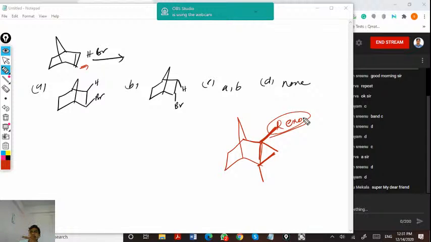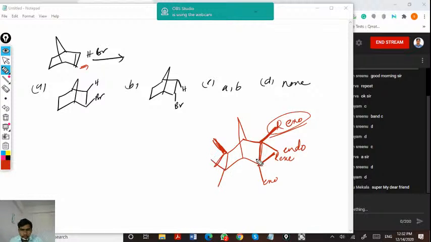Which is looking upward is called exo, which is looking downward is called endo. So this is also exo and this is endo. The total carbons are one and the same, all with exo and endo substitutions.